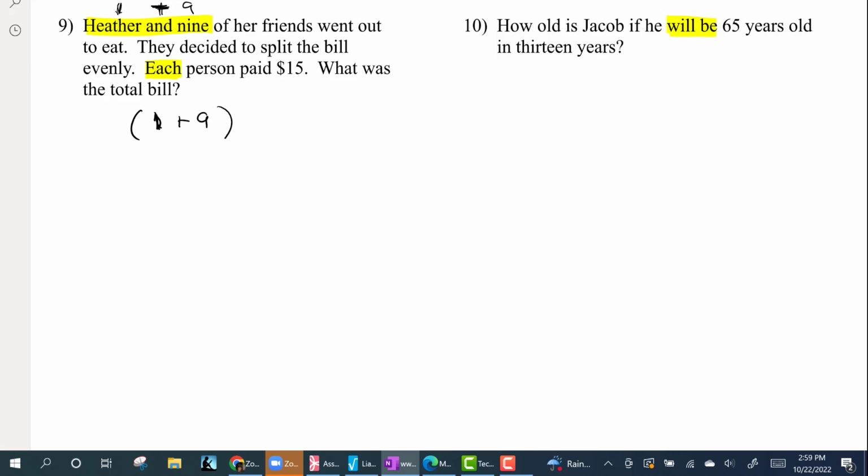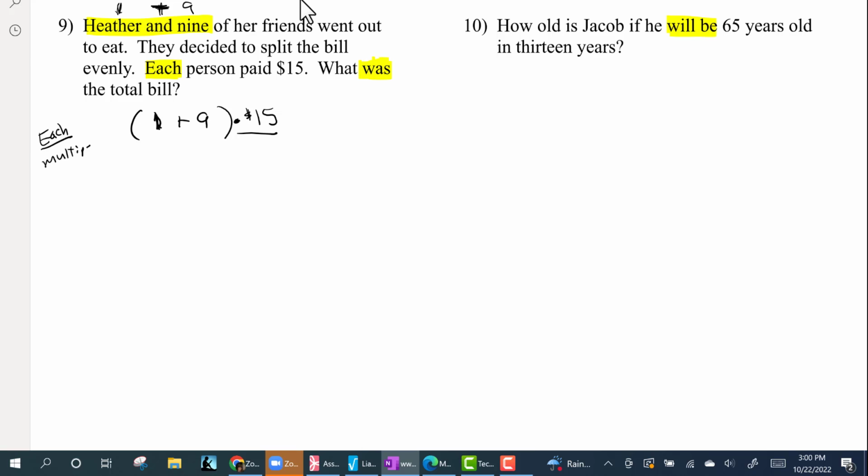Each, almost always, each means multiply. So now we're going to take this thing and we're going to multiply $15. And see this word was?